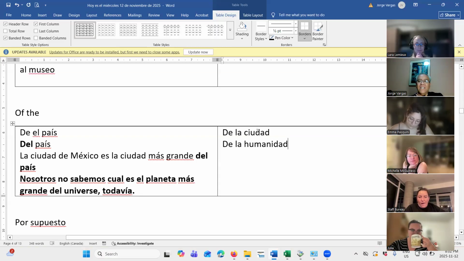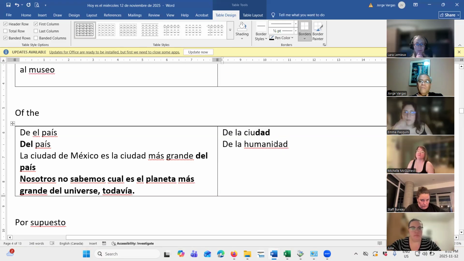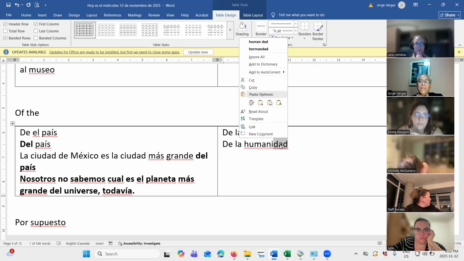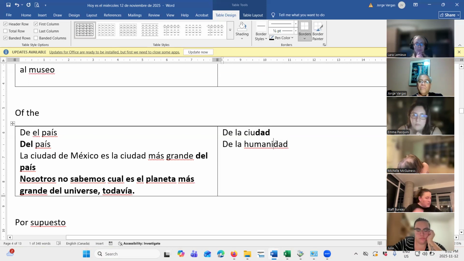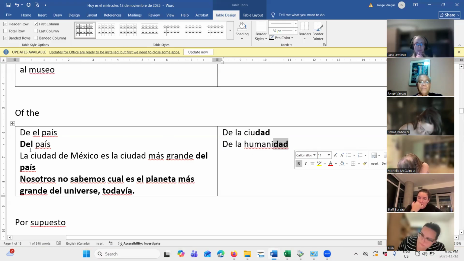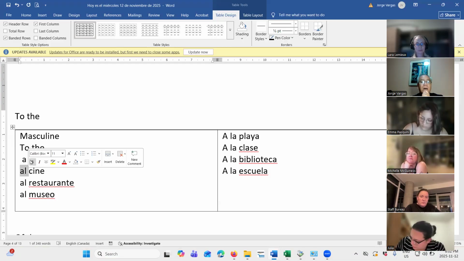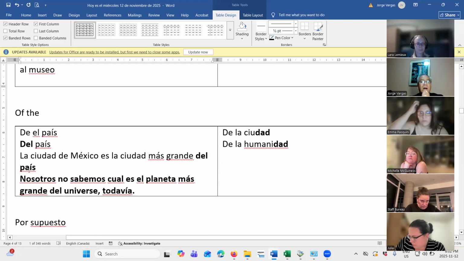And this is a good tip right here. Whenever you have a word that ends in DAD, that word is a feminine word. So that's why in that case, you wouldn't contract of the. So that's a little teaching moment. You learned the two contracted forms, which are al, which is to the, and the other one is del, which is of the.